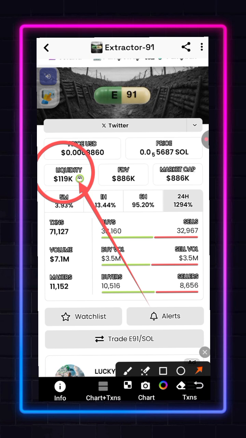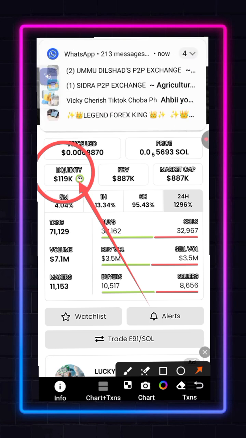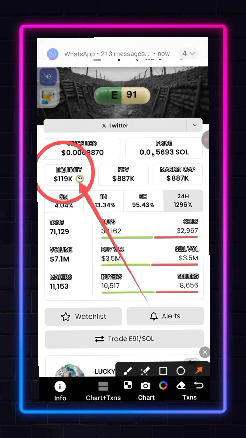Also, don't go and buy a coin that is above maybe 500,000 locked liquidity, because if you buy a coin that is around 100 million market cap, that coin can easily crash.